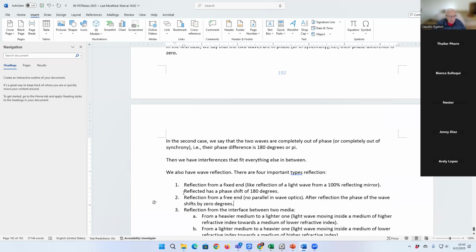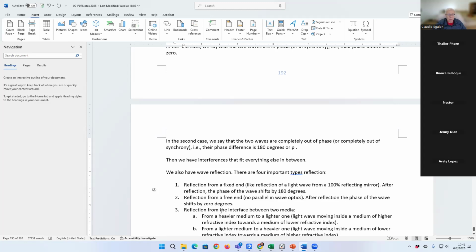Reflection from a fixed end: after reflection, the phase of the wave shifts by 180 degrees, right?